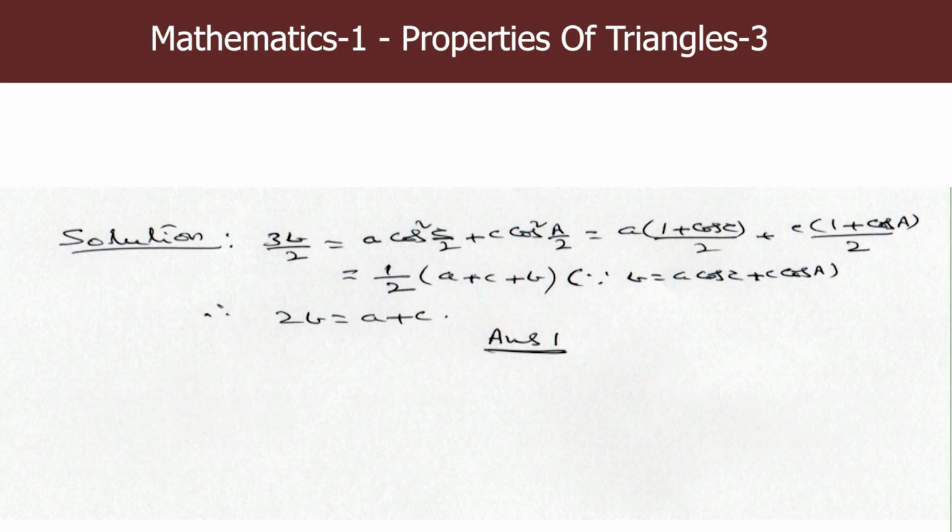That is half of a plus c plus b, because by the projection rule, b is equal to a cos C plus c cos A. So this is equal to 3b by 2. Therefore, 2b is equal to a plus c. That means a, b, c are in arithmetic progression. So the correct answer is option number 1.